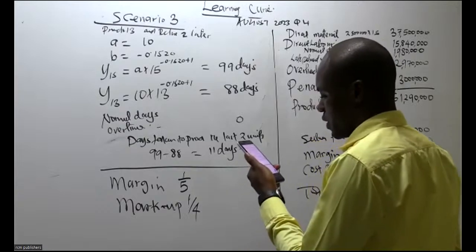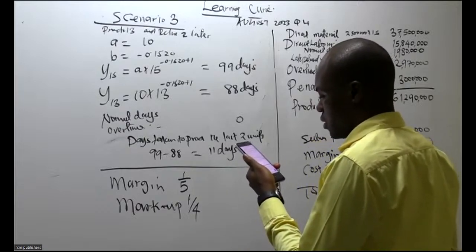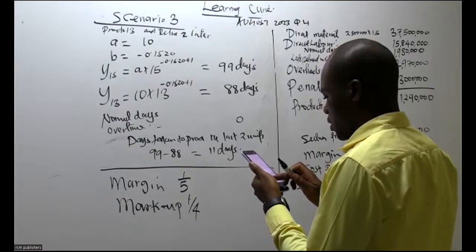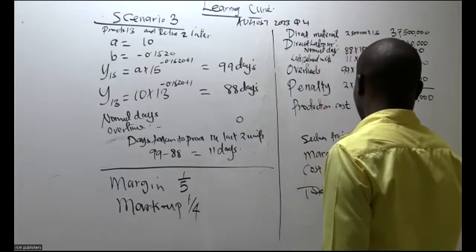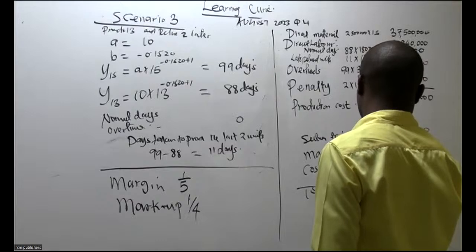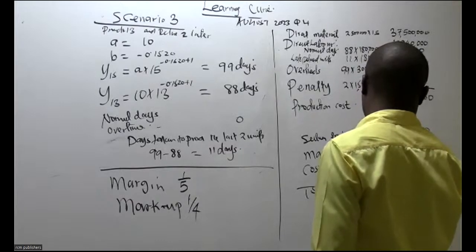or what is the question there? Yes. So total cost itakuwa 6,400,000 by 15.